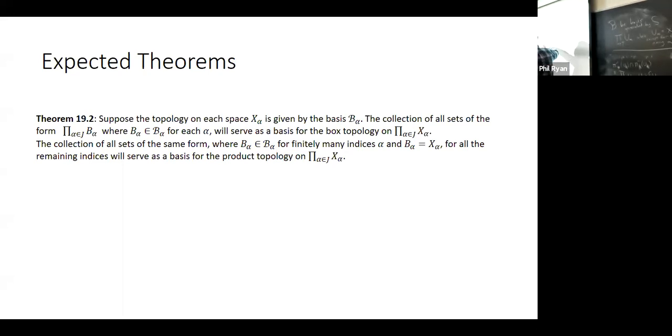And for the product topology, a basis for that would be, well, you take a basis element from B alpha, but it's only allowed not to be the whole space for finitely many. And that serves as a base. So if you look at that, that should make total sense. That's what you expect. And why is that true?